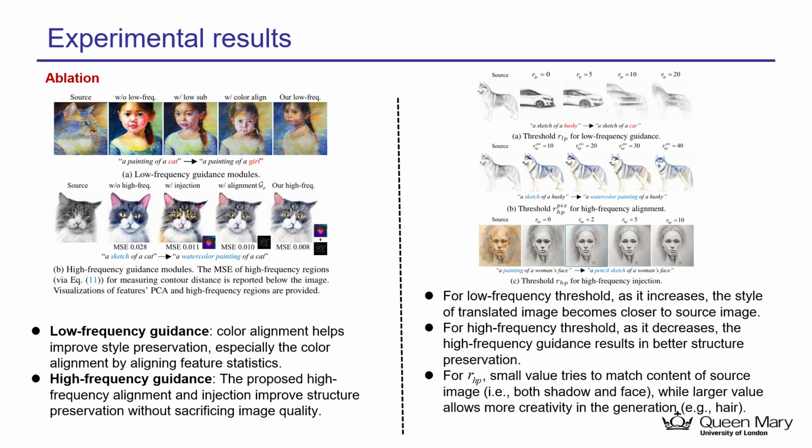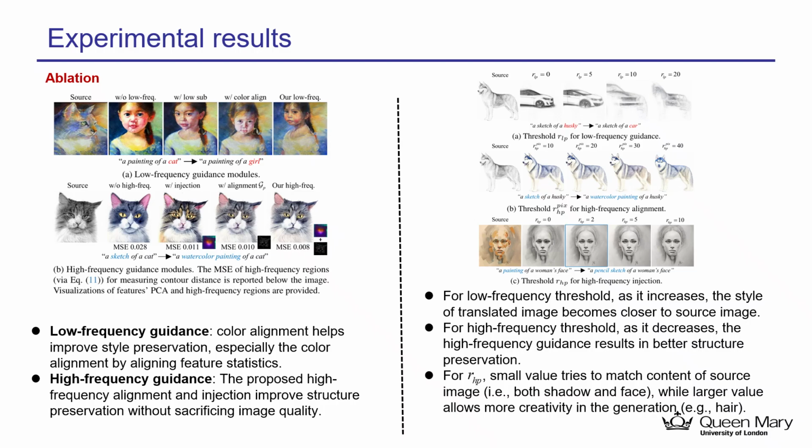For the first row here, we show that the normalization helps correct the color shifting, especially for the yellow color. For the second row, we show that the high frequency injection and alignment help with the general layout and details here.